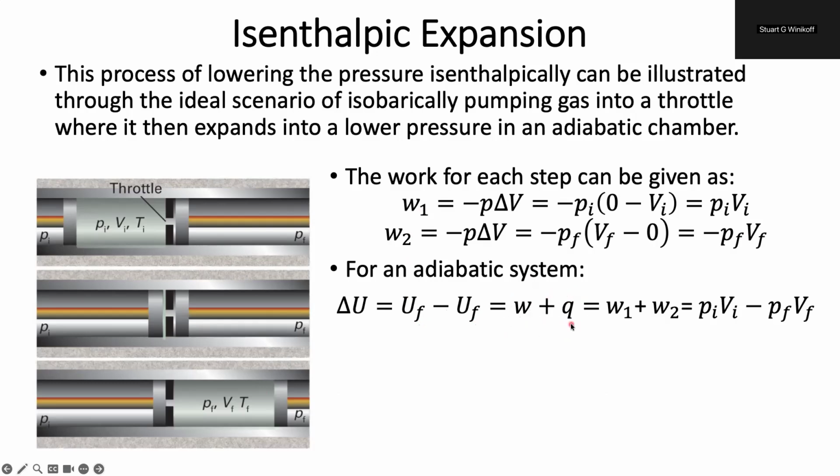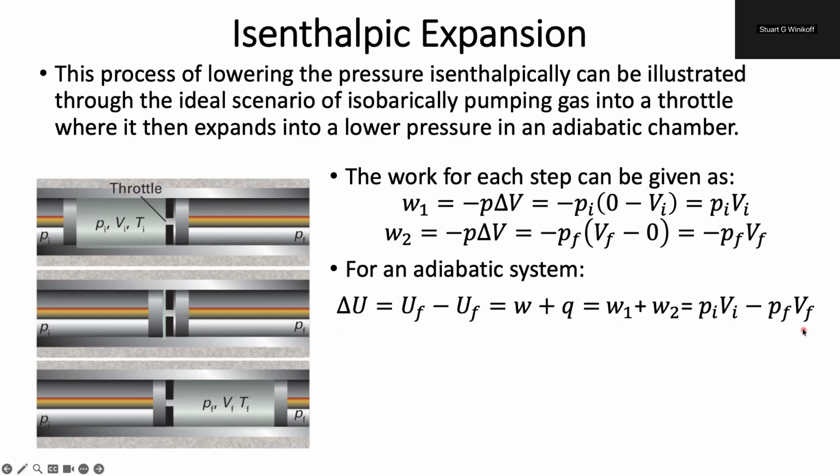But it's adiabatic, so that heat doesn't exist. So that heat is zero. And the work will be the sum of the compression plus the expansion. So we're just going to add these two terms together. So now what we've shown is the change in internal energy is going to be the difference between the initial pressure and volume and the final pressure and volume.